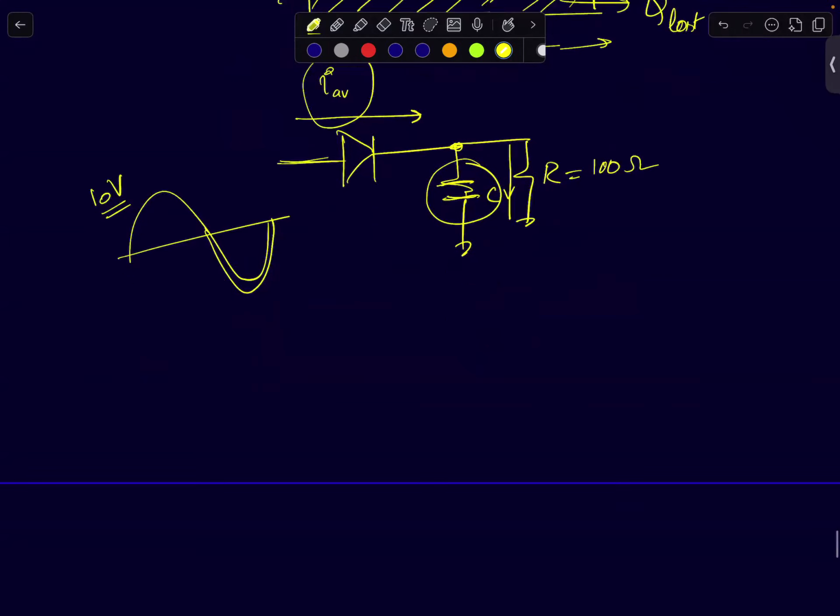Otherwise, the voltage across the capacitor would either increase or decrease, and both are not possible. So the average current drawn from the input has to be exactly equal to the average current that the resistor draws. And it was given that it's a 10-volt source. And I think, if I remember right, the time constant, I'm not sure.